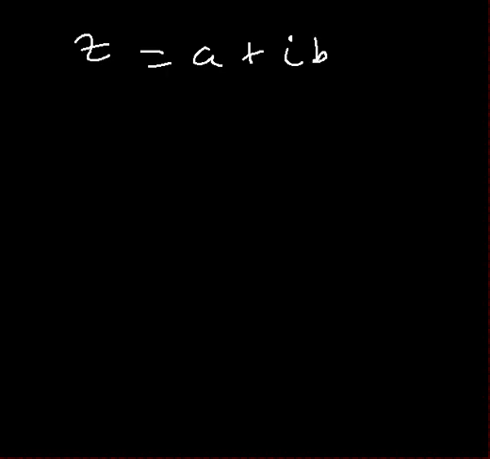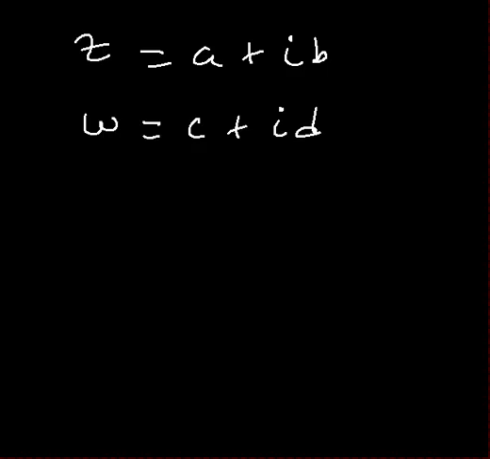Of course, you can also have it as a plus bi. That is the same as that. And we have a complex number w, which is given as c plus id.